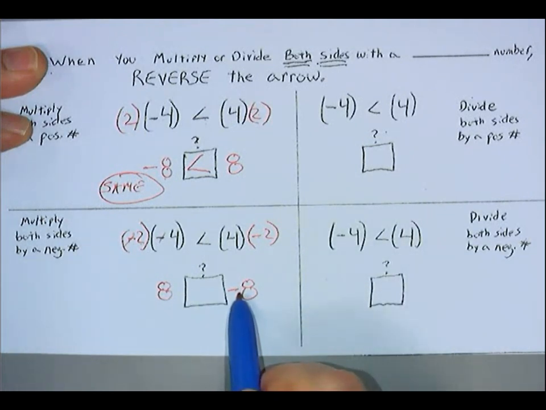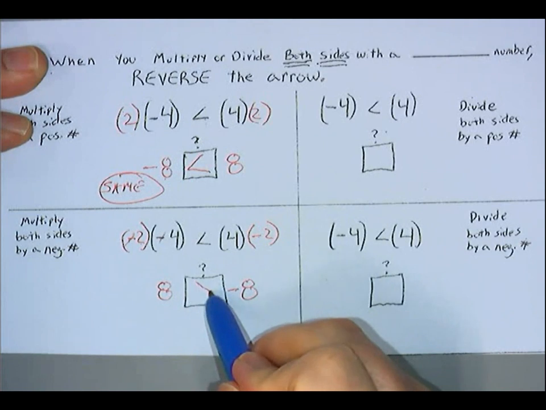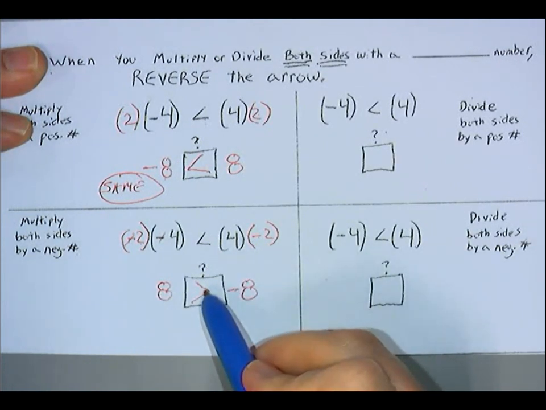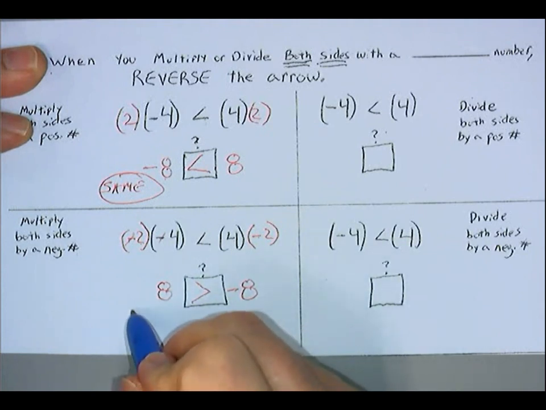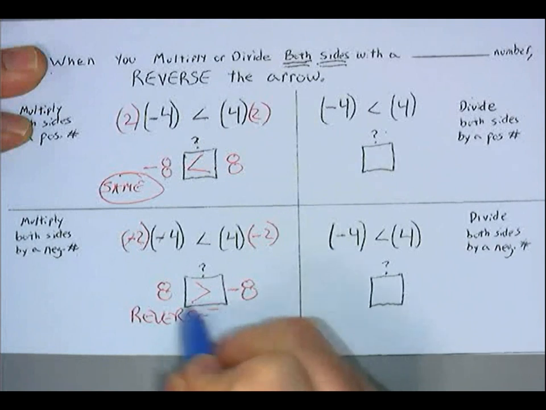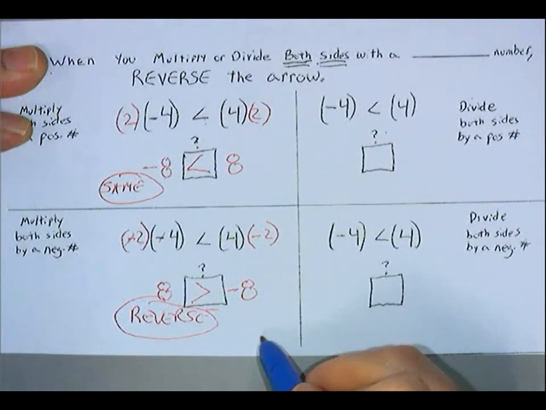Okay, 8 is what to negative 8? Is it less than or more than? It's more than. 8 is more than negative 8. So you notice that it's not the same. We had to reverse the arrow to make it true.